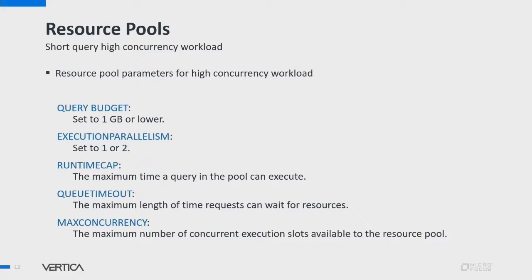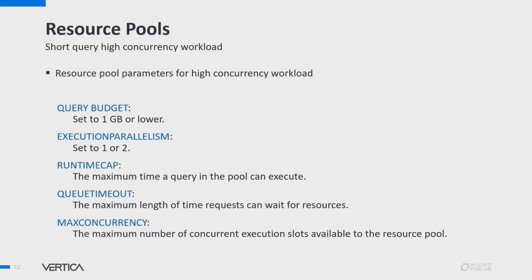For a dashboard kind of workload, where there is a shorter SLA, say about 10 or 20 seconds, there is no point in letting a query execute much longer than the required SLA, if users are not going to wait for the results that long. Consider cancelling long-running queries based on SLA thresholds using runtime cap settings. Similarly, queue timeout can be set to not keep a query waiting longer for the resources.